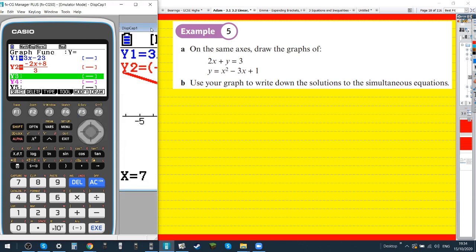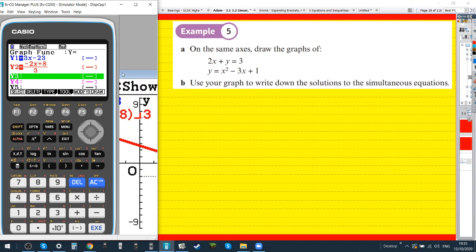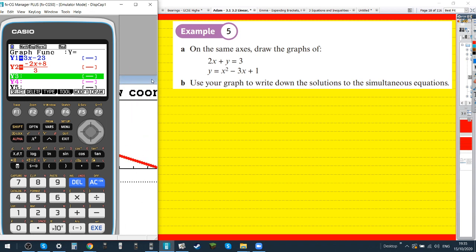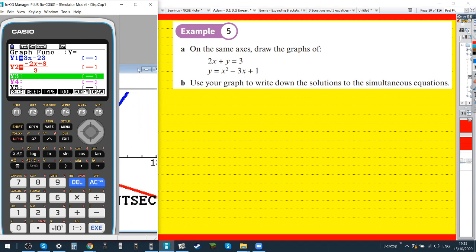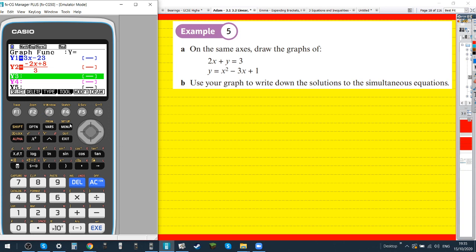Could you just put that into the calculator how it is? On the graphical, it has to be y equals. So would the bottom one work then? The bottom one will work, so I can put that one in, even though it's quadratic. And then we work out the top one.